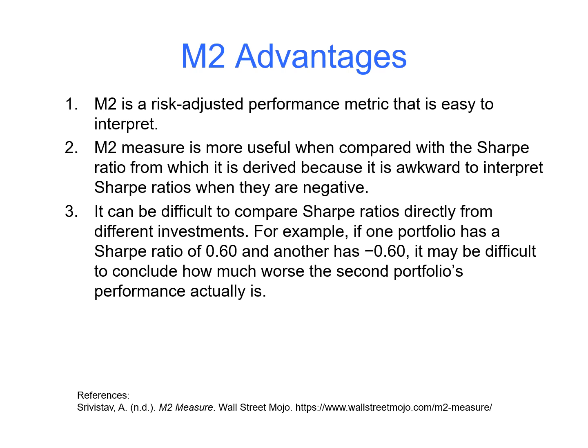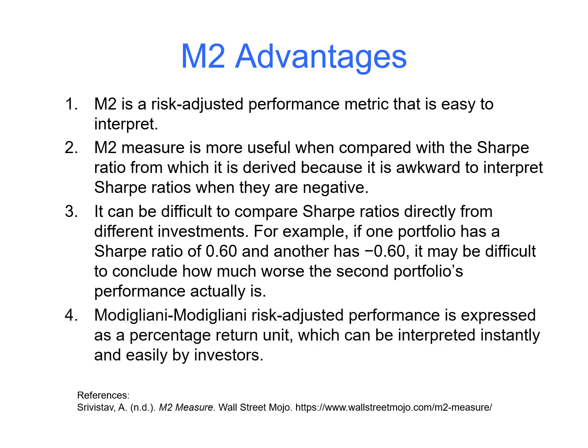While one portfolio may have a Sharpe ratio of 0.6 and another of negative 0.6, determining the relative underperformance of the second portfolio can be unclear. M2, on the other hand, greatly simplifies the comparison of investments with varying levels of risk.